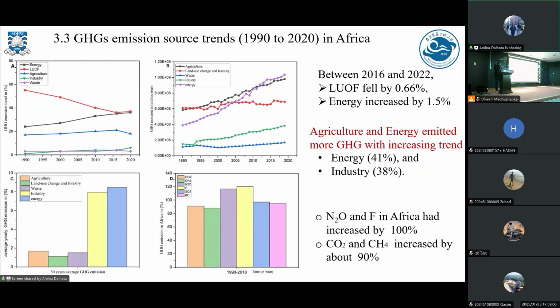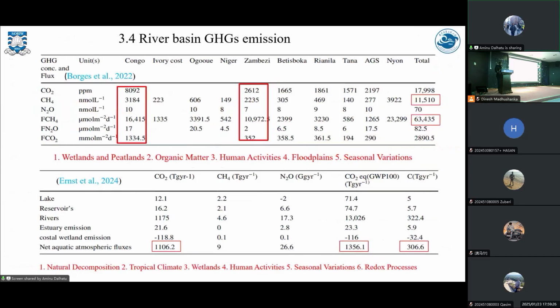Agriculture, energy, and industry have the highest emissions of carbon dioxide or greenhouse gas, while nitrous oxide and fluorine in Africa increased more than 100 times, and methane also increased more than 90%.